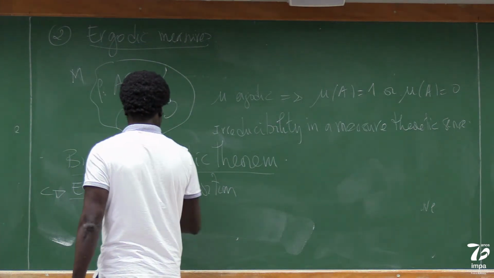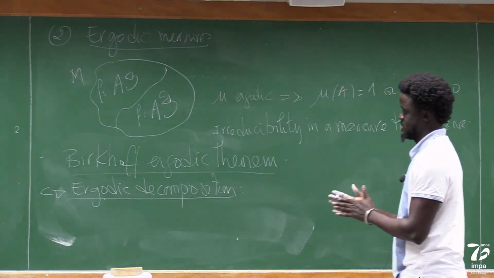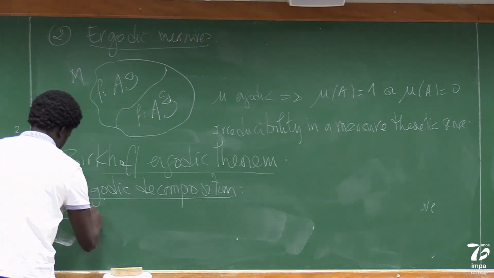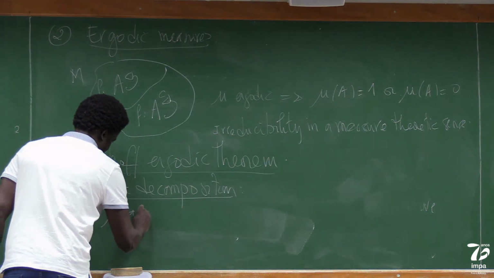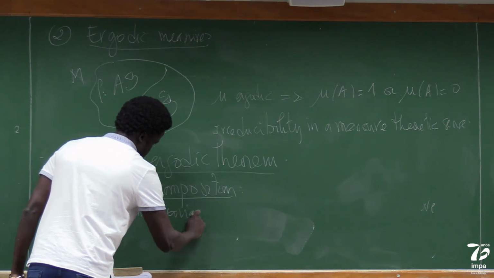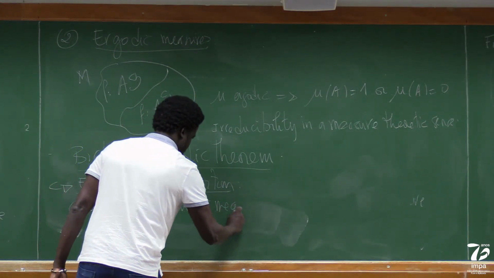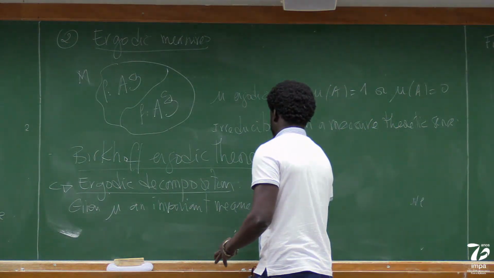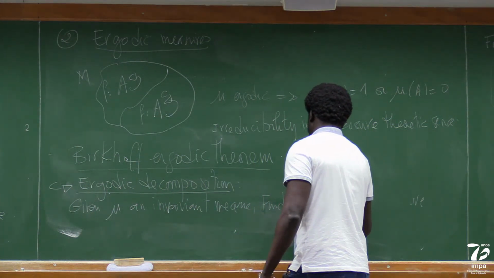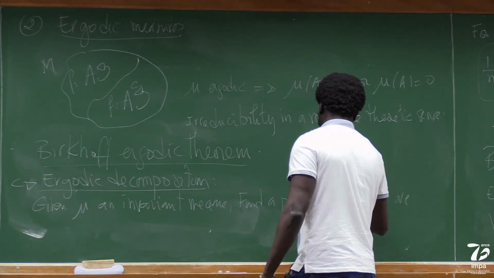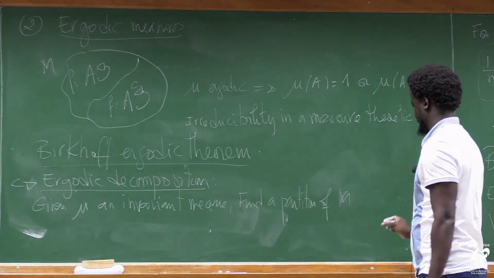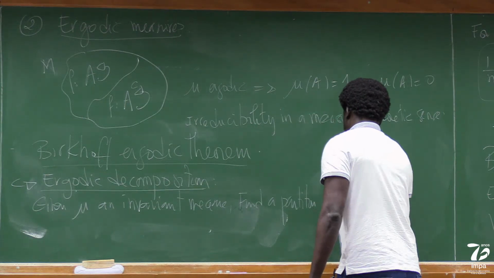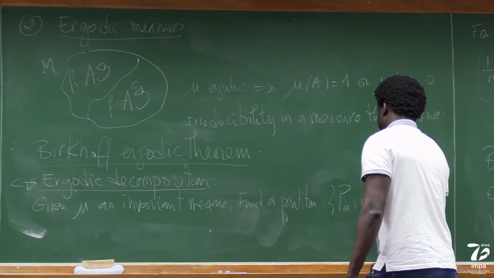Ergodic decomposition just tells you that whenever you have an invariant measure mu, you need to find a partition of M. You will find a partition P, so this will be P alpha, alpha in some index set.